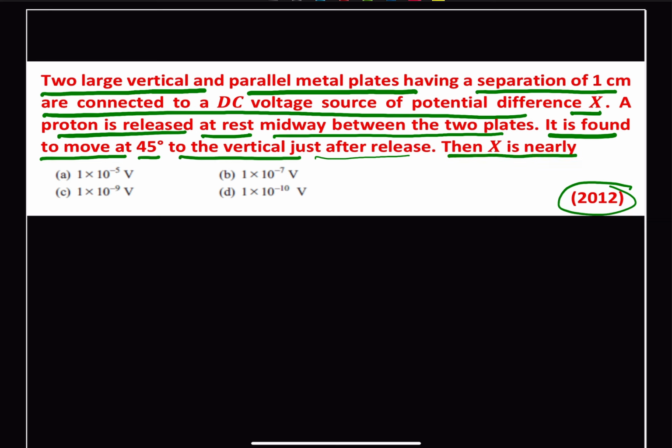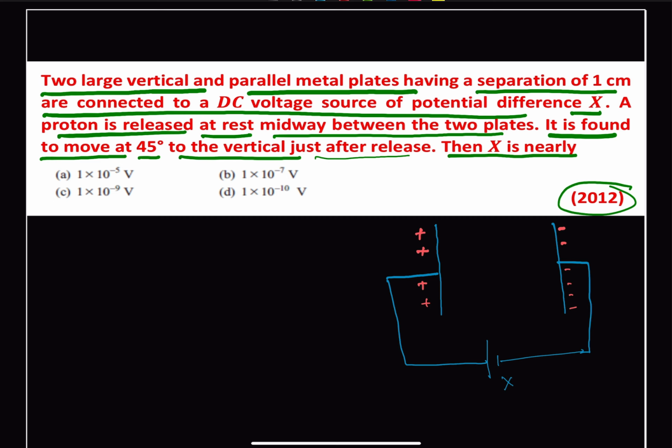Here we can draw the approximate figure. We are given two plates, connected to an external voltage source with potential difference X. So our left side will be positive and our right side negative, and the electric field will be from left to right.